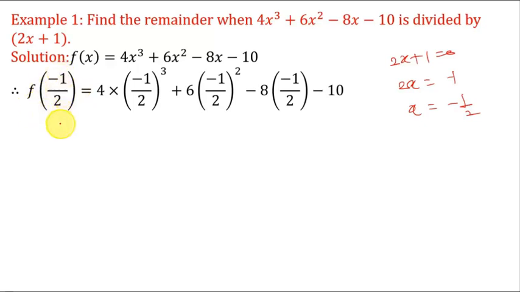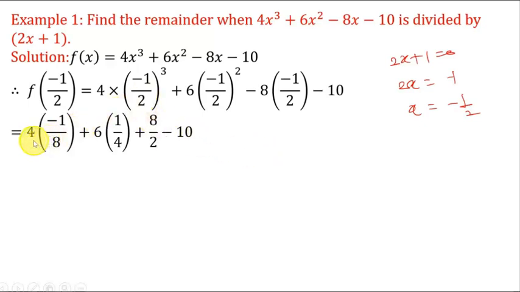Therefore, f of minus 1 upon 2 is equal to 4 into, in bracket, minus 1 upon 2 cube plus 6 into minus 1 upon 2 bracket square minus 8 into minus 1 upon 2 minus 10. If we simplify this, you will get 4 into minus 1 upon 8 plus 6 into minus 1 upon 2 square is 1 by 4, and minus minus will become plus 8 upon 2 minus 10.